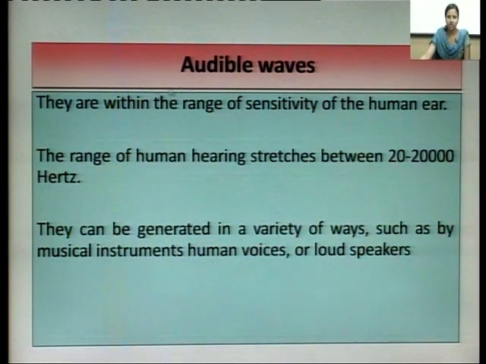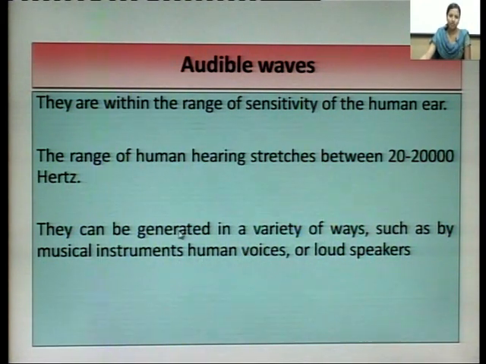They are within the range of sensitivity of the human ear, and the range of human hearing is from 20 to 20,000 hertz. So the frequency of audible waves is from 20 hertz to 20,000 hertz.